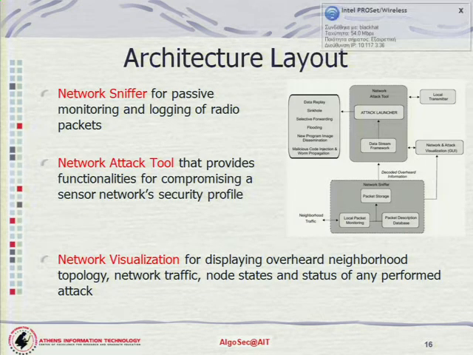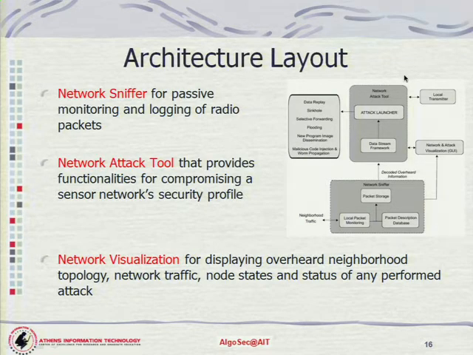So here, you can see the architectural layout of the attack tool. It uses an intelligent component-based system. The first component is the network sniffer for passive monitoring and logging of all radio packets. So traffic analysis or any packet decoding can be done either in real time, where you overhear the messages, or offline through the implemented packet description database that we have in the network sniffer.